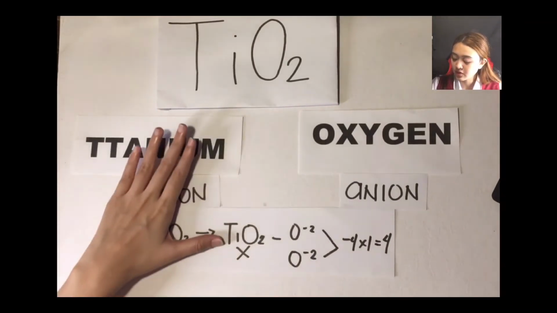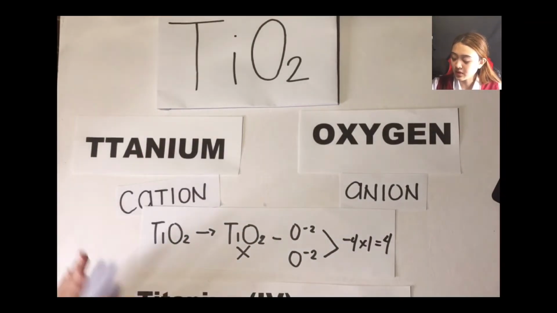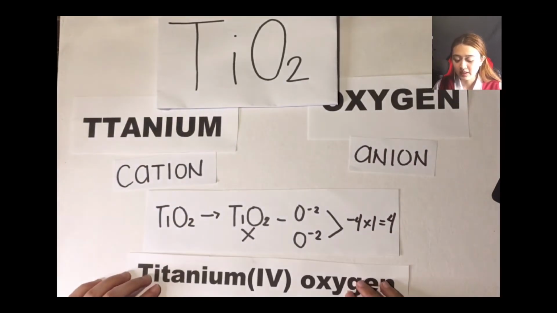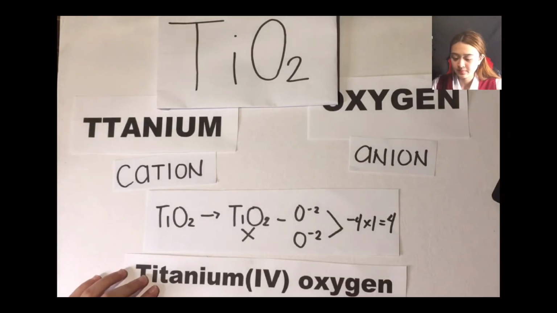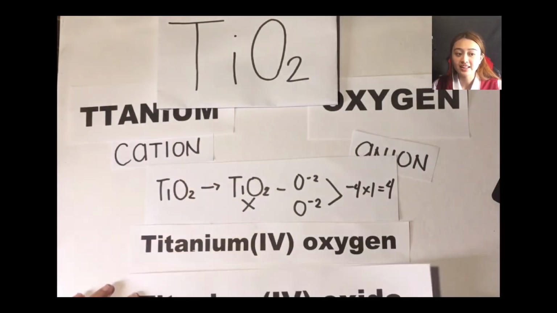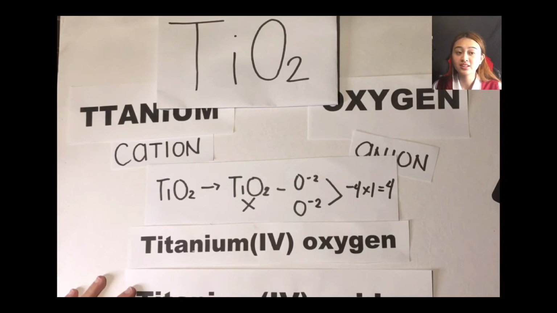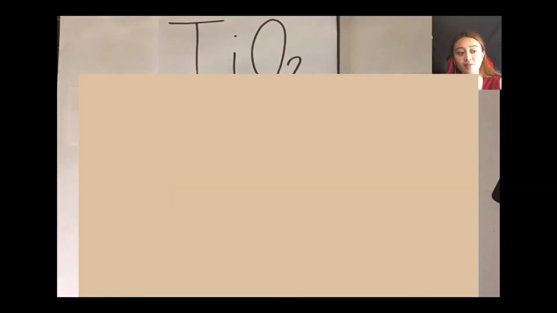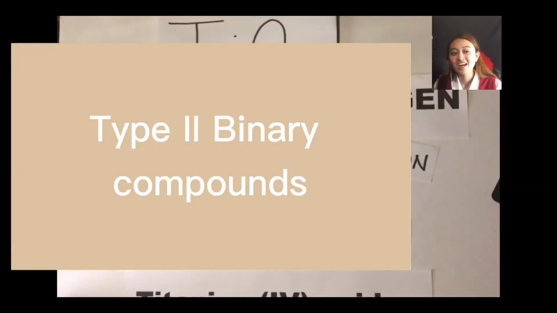Then we will have negative 4 times 1 equals 4, and we will get an answer of titanium 4. After identifying the Roman numeral for oxidation level, add the suffix IDE. So we will have titanium IV oxide. And that's how you name type 2 binary compounds.